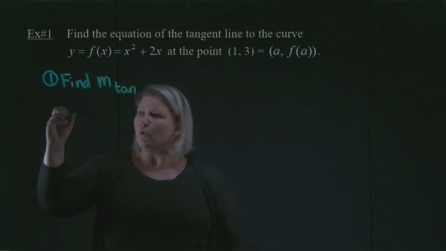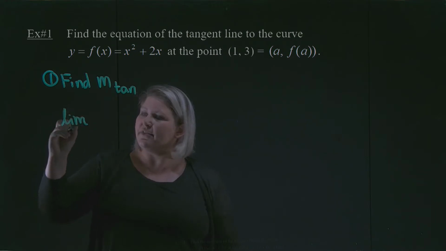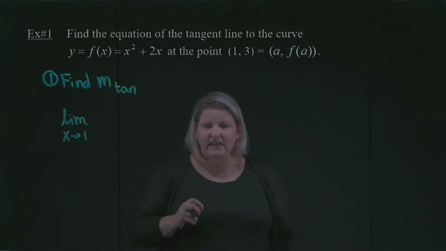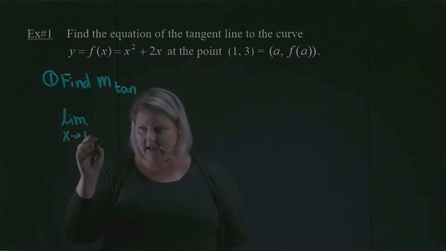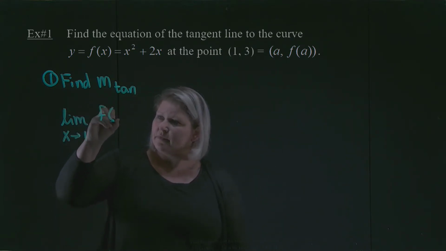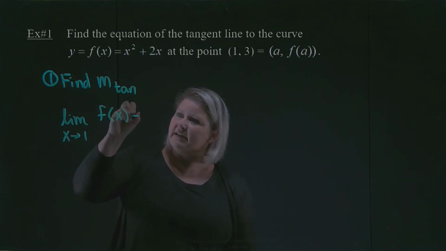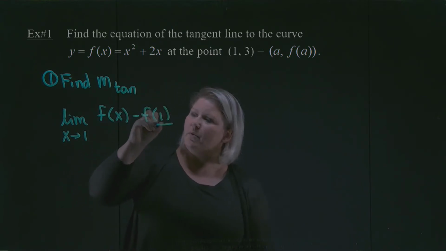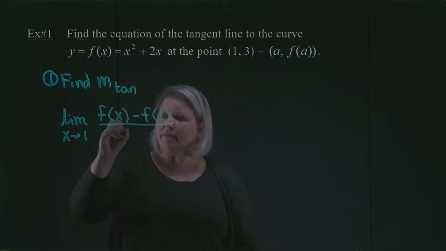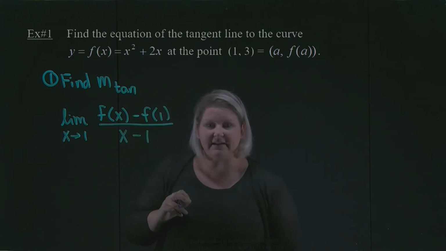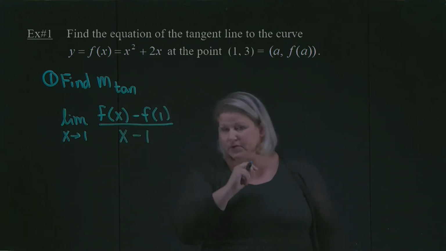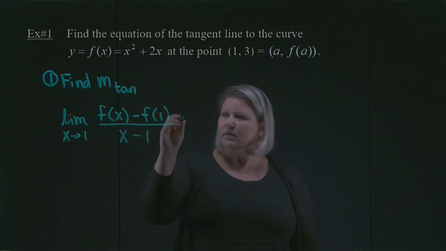All right, we are going to use this formula. Going to look at the limit as x approaches 1 of f of x minus f of 1 all over x minus 1. Remember, we do arbitrary minus specific.